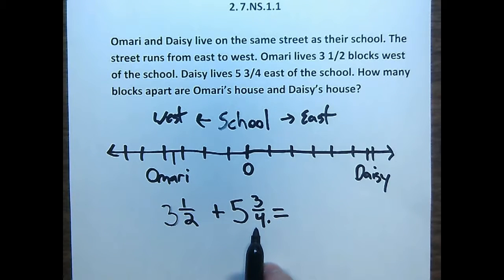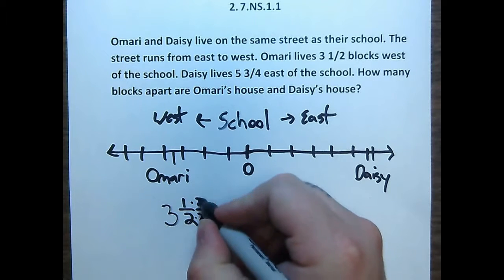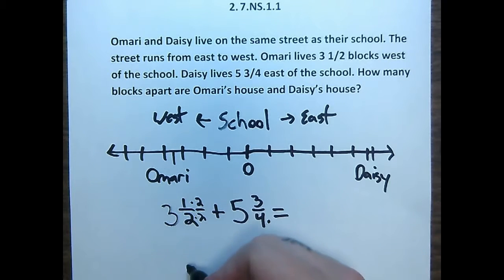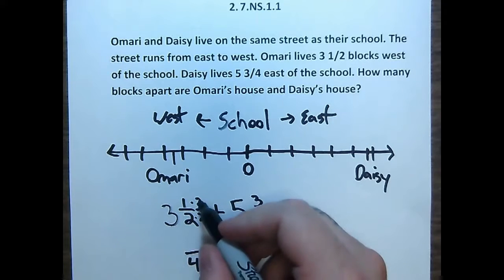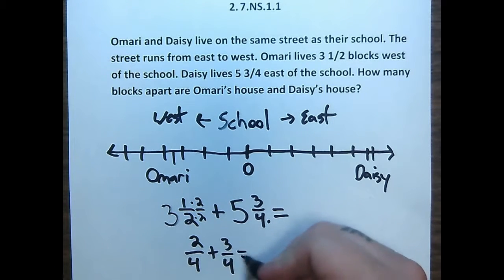In order to get a denominator of 4, we multiply the numerator and denominator of 1/2 by 2. So 2 times 2 is 4, and 1 times 2 is 2. We add that to 3/4. 2 plus 3 is 5, and the denominator stays the same, so we have 5/4.